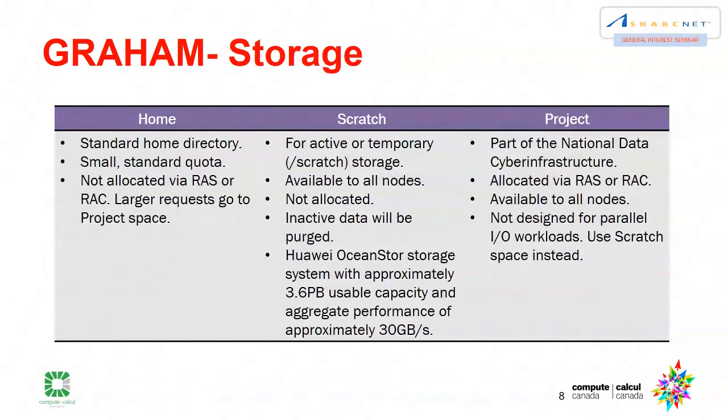Each directory has a slightly different purpose. For everyday practice, you may want to use Scratch or Project, and save or back up your files in your home directory. Once again, I'll go over the file system overview at the end of this seminar.